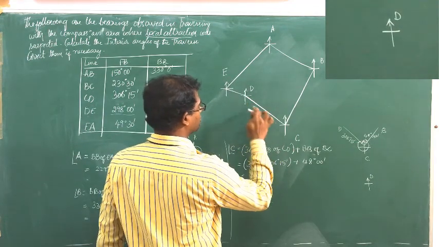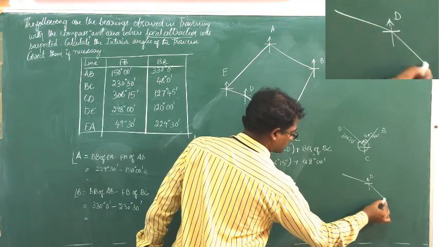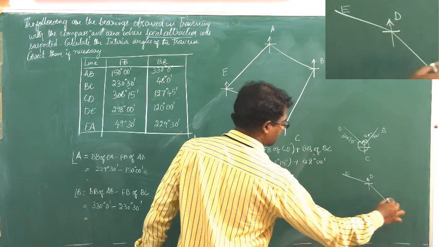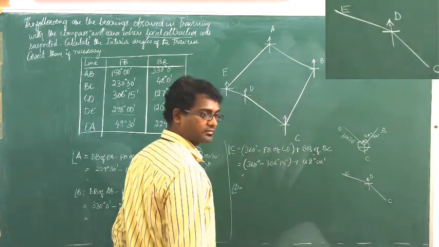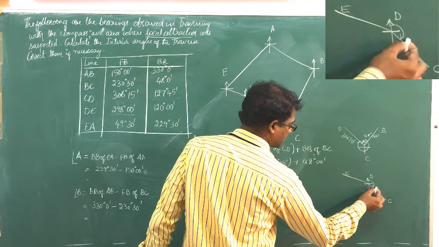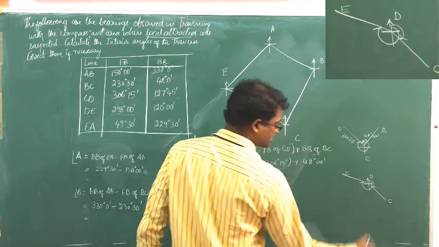Angle D is given by, now take station D. Now at station D you have two lines. One line is to E and another line is to C. Now you should know the bearing of this and you should also be able to know the bearing of this.